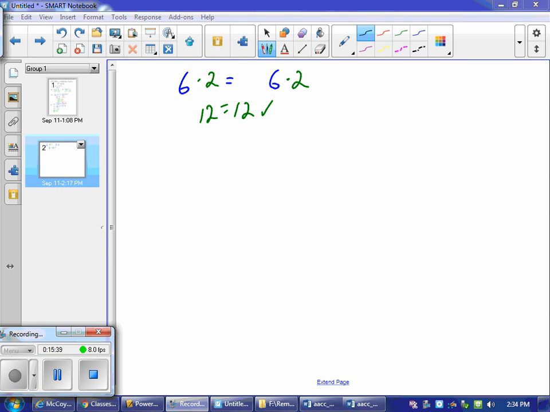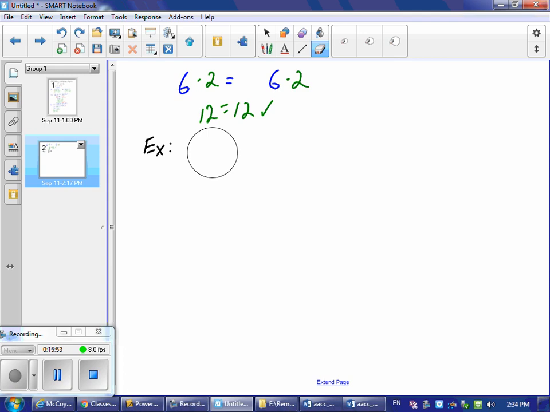Okay, so first example. Let's say we have 5 over 2 times x equals 15.